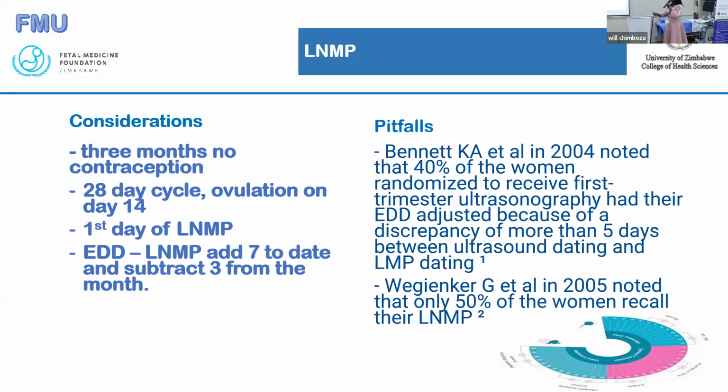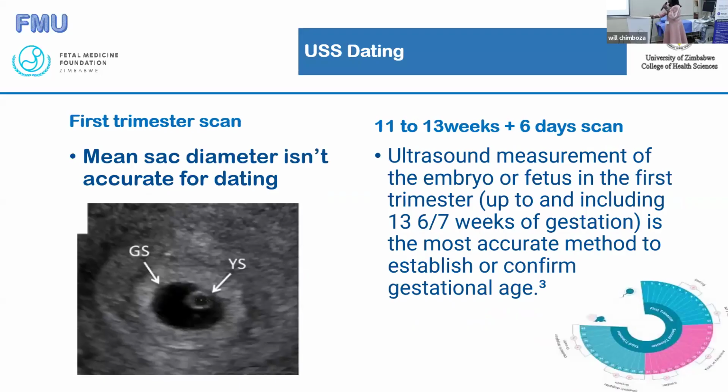Using the last normal menstrual period as a tool for dating will make you wrongly date about 75% of the women, which is a huge number. So what do we have to do? We have to move to ultrasound scan dating so that we can validate the last normal menstrual period dates.